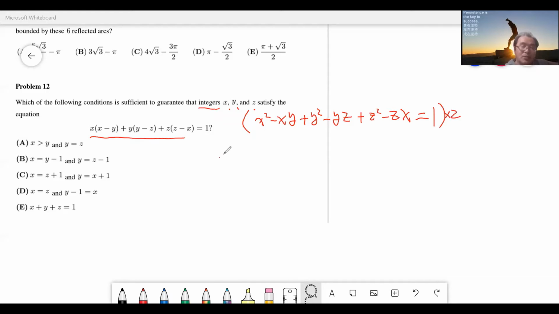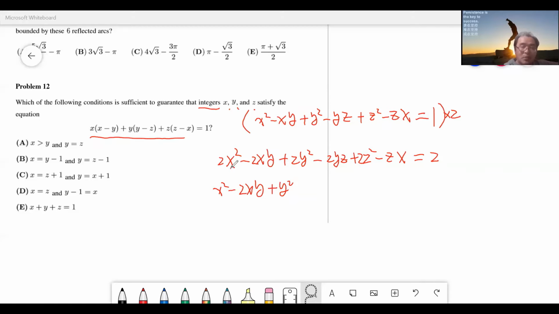So we get 2x squared minus 2xy plus 2y squared minus 2yz plus 2z squared minus 2zx equals 2. Now to find the perfect square: x squared minus 2xy plus y squared.